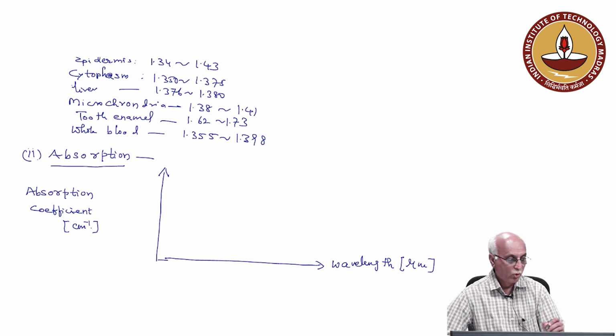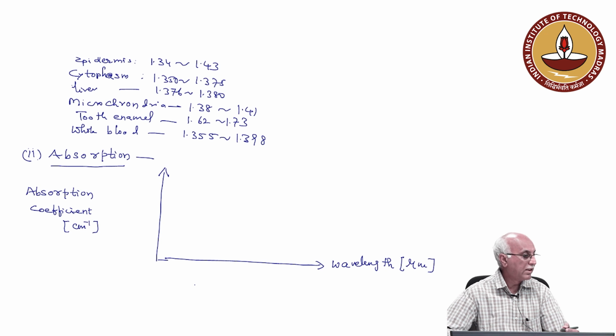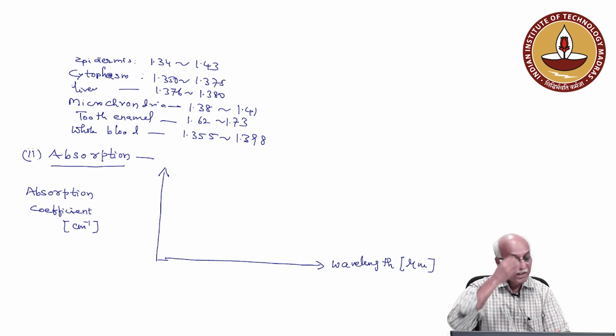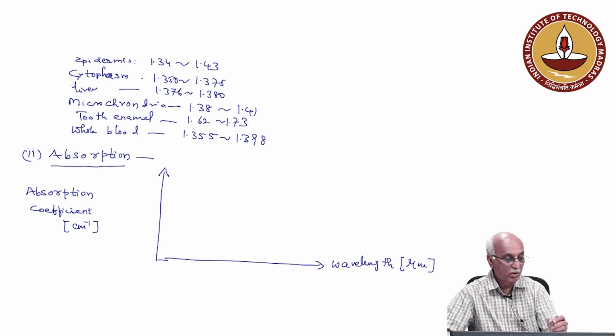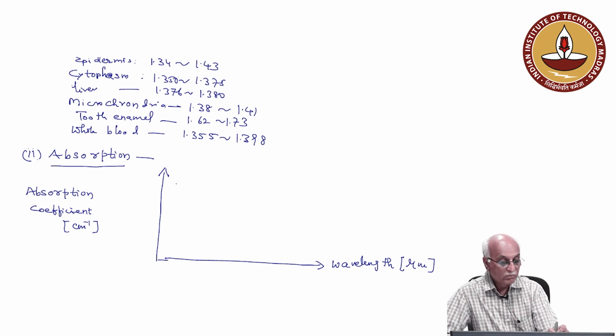So when light propagates through the medium, for different media, let's say we consider maybe a very simple one, water as such, then depending upon the wavelength it will be different.